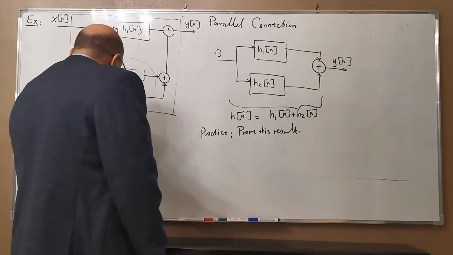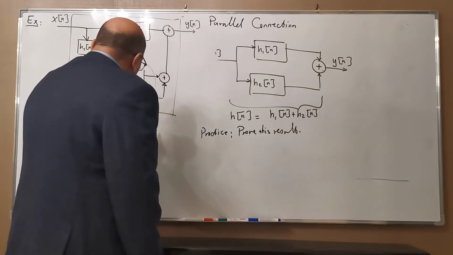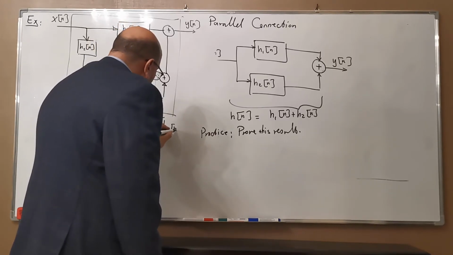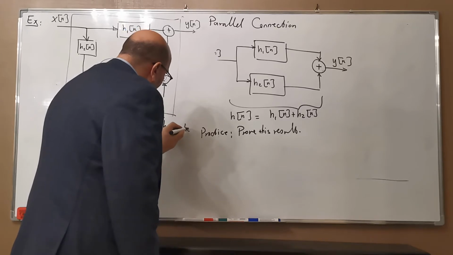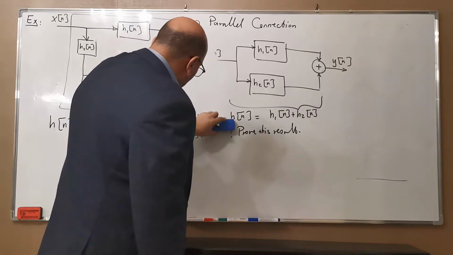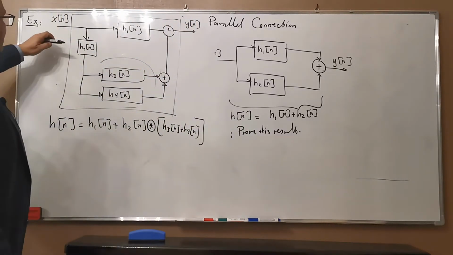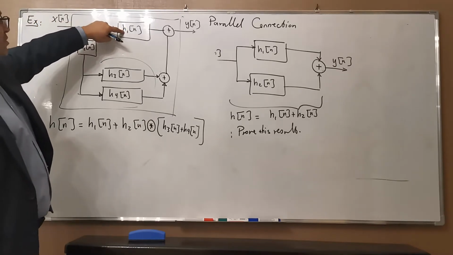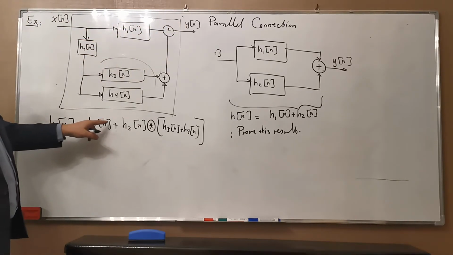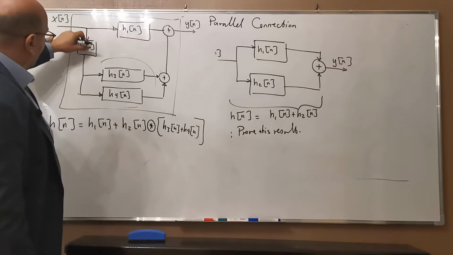So this is h2 of n convolved with the summation of h3 of n plus h4 of n. Okay? As you can see here, x is related to h1 directly between x and y. So h is h1. And you have here parallel to it the whole thing.